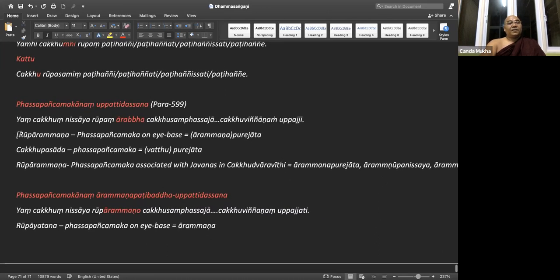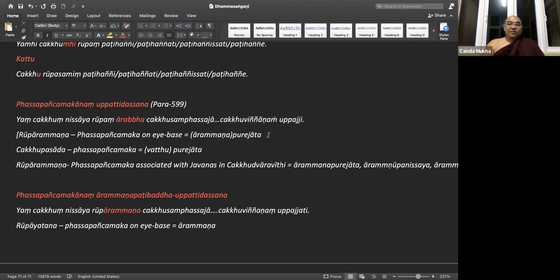Now, within the bracket, Ruparammana is a cause, and then supports the Phassa-pancamaka dhammas on the eye base, by means of the Arammana Purejata Paccaya. We can simply say Arammana Purejata specifically.